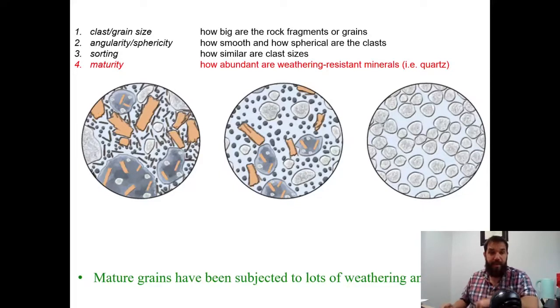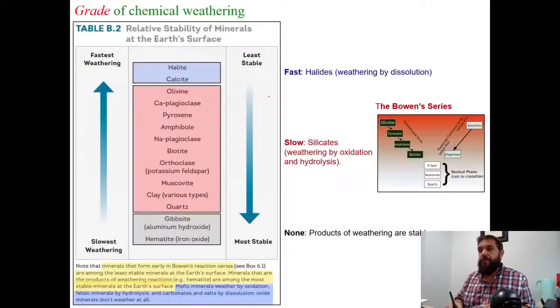All right. You might remember in the last lecture, we talked about which minerals break down most easily and which minerals are more resistant to weathering. I showed you a list. There it is. Halite, calcite, olivine, calcium-rich plagioclase, and pyroxene are very susceptible to weathering.